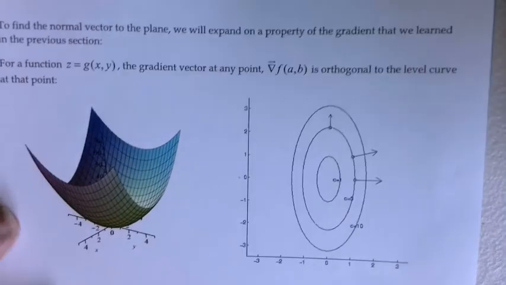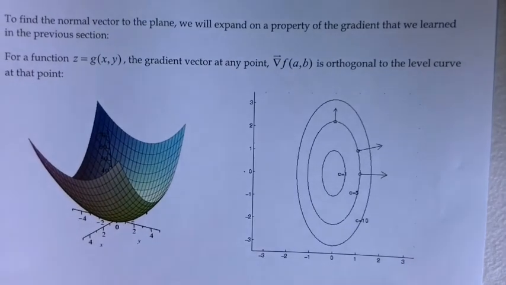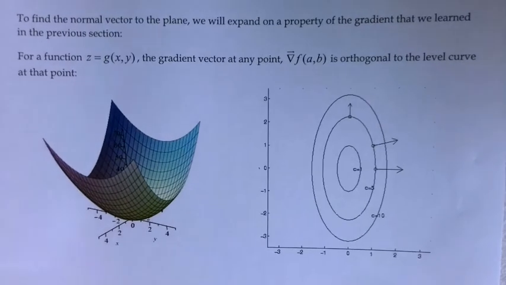In order to find the normal vector, I need to go back to something that we ended with in the last section. You might even recognize that picture, because we drew something very similar with Maple in the last section. We're going to extend a property of the gradient that we were just talking about.